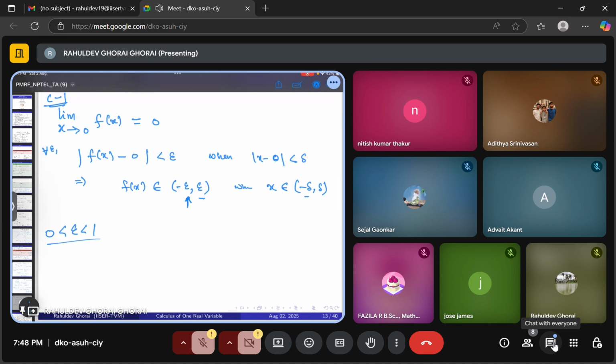So when 0 is less than epsilon less than 1, what will happen? f(x) does not belong to (-epsilon, epsilon) when x belongs to (0, delta), for all delta greater than 0.